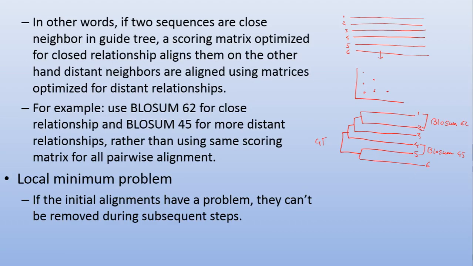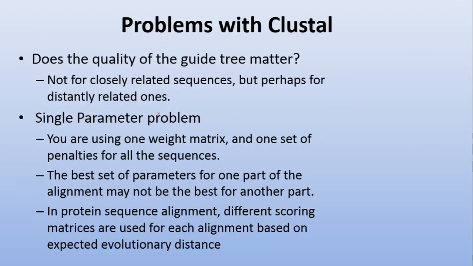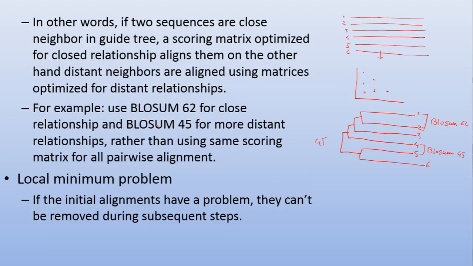The expected evolutionary distance between sequences 1 and 2 is small, or you can say they are closely related to each other as compared to 4 and 5. Therefore, different scoring matrices are to be used to align these sequences. You cannot use the same scoring matrix to align all the sequences. So this is included in the single parameter problem, right?